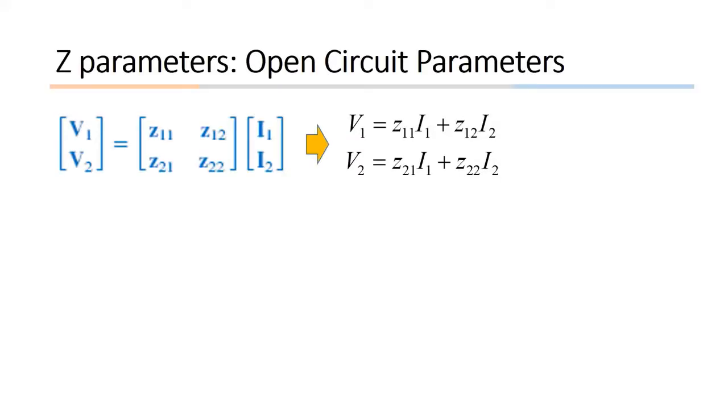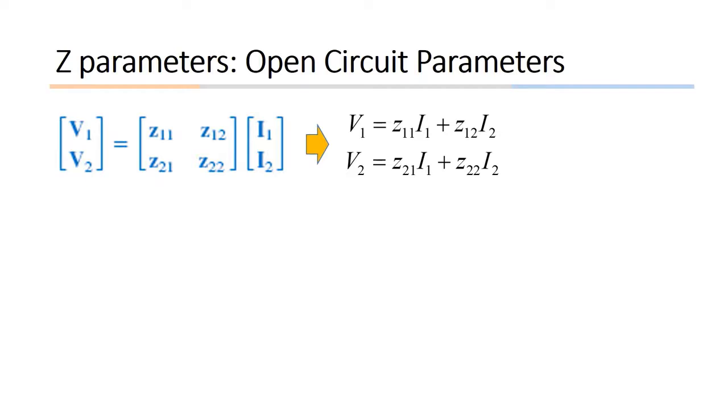Okay, the first parameters that we want to investigate is the Z parameters. Recall from your lectures, Z parameters is actually open circuit parameters, where we have the equation for the Z parameters, always two equations, the V1 equation and the V2 equation.